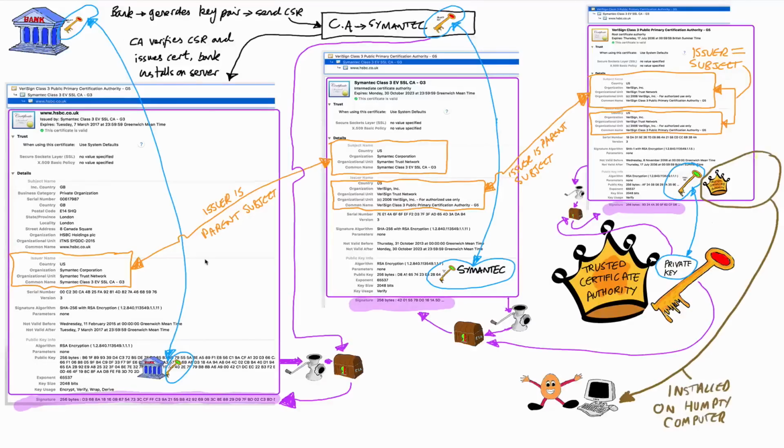It's literally like having two documents in your hand side by side, and it's as simple as saying, the common name of the issuer for the HSBC certificate is Symantec Class 3 EV SSL CA. I'm going to look at my bundle of certificates that I was presented, and look up the one where the subject is Symantec Class 3 EV SSL CA, which is this one, and I'm going to read off the public key from that certificate.